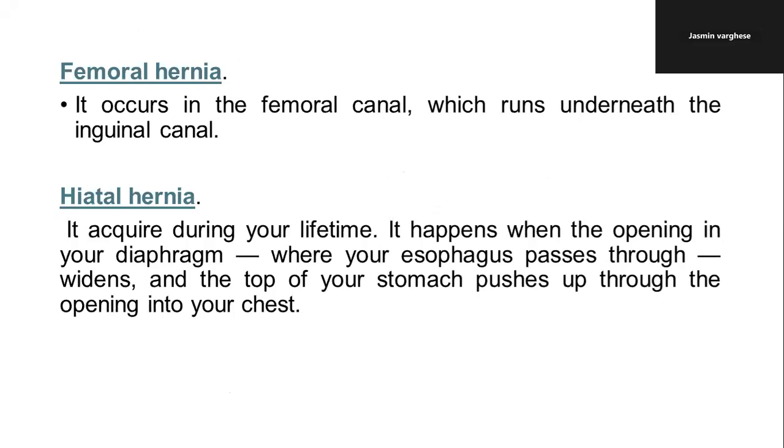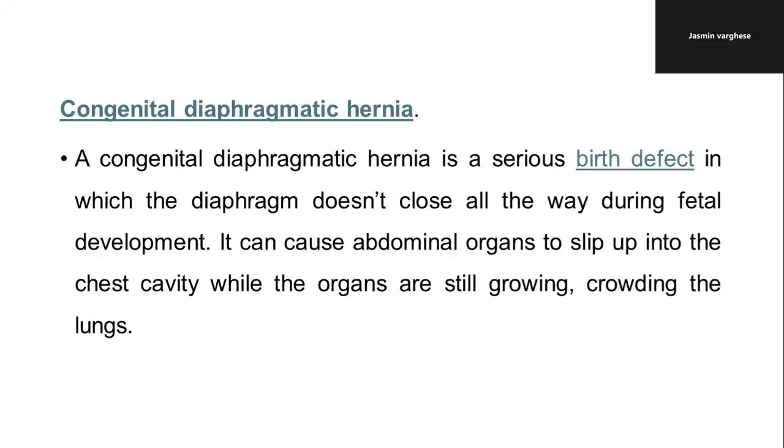Femoral hernia is another type, and it occurs in the femoral canal, which runs underneath the inguinal canal. Next is hiatal hernia. It occurs during your lifetime, when the opening in the diaphragm where your esophagus passes through widens and the top of your stomach pushes up through the opening into your chest.